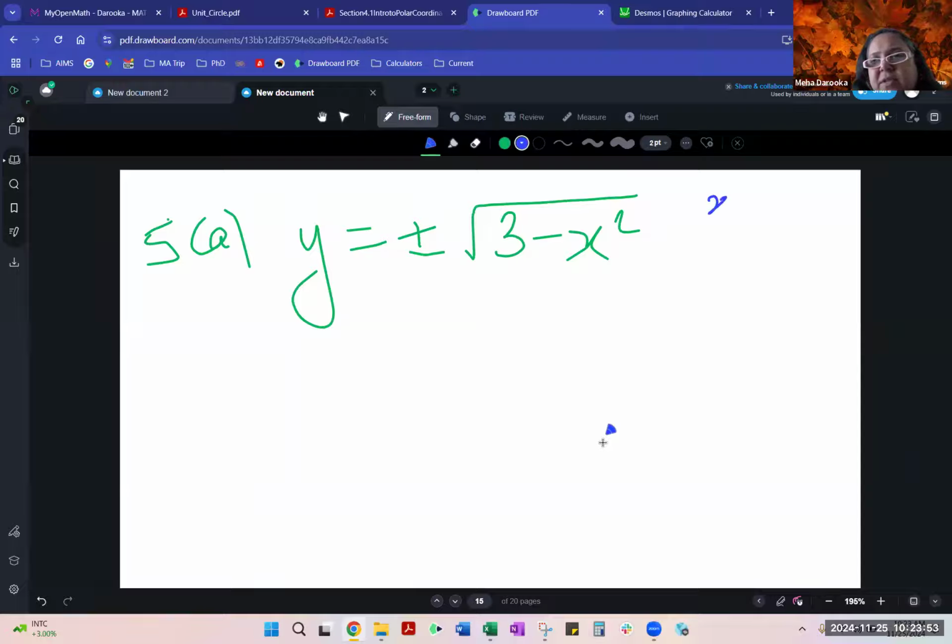So just to give you some of those conversions, of course, we have x squared plus y squared equals r squared. We have x equals r times cosine theta, and y equals r times sine theta.